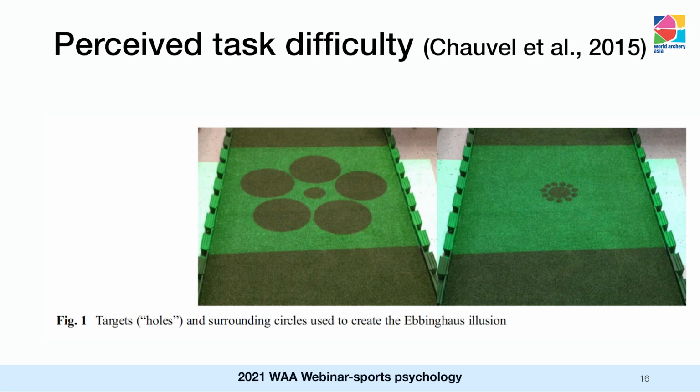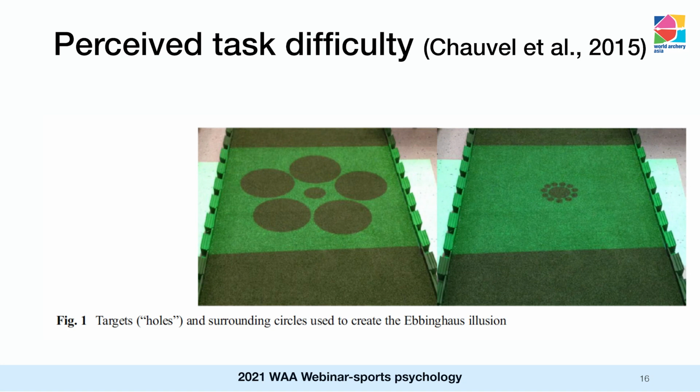And this is another way to make your athletes feel what they are doing is easier. So here we can see the circle in the middle is actually the same size between these two figures, but due to the circles surrounding, they were perceived differently.